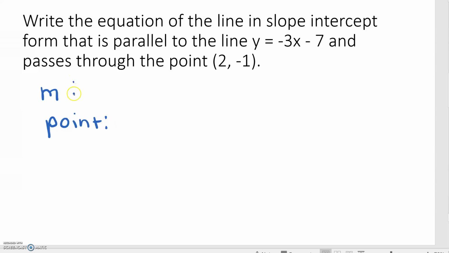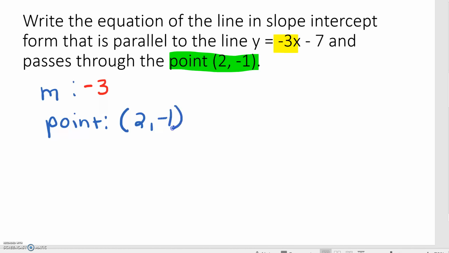So the first thing we need to do is find our slope. Well, the slope of our given line is 3. So because parallel lines have the same slope, our slope is also 3. Our point is 2, negative 1.